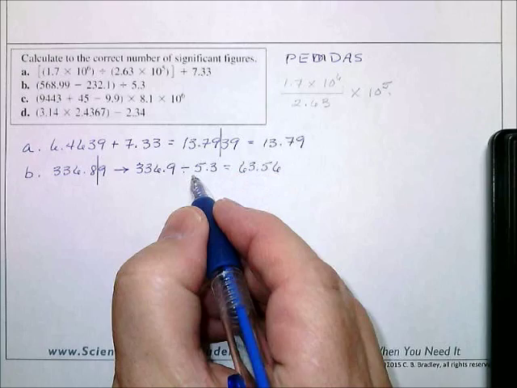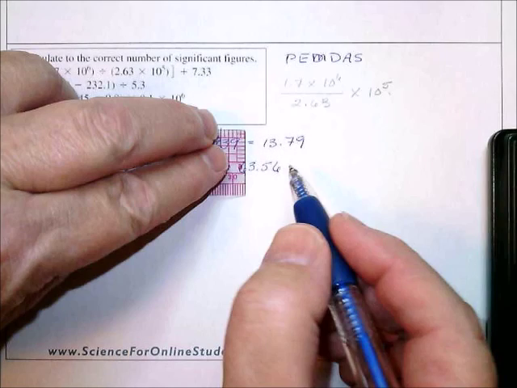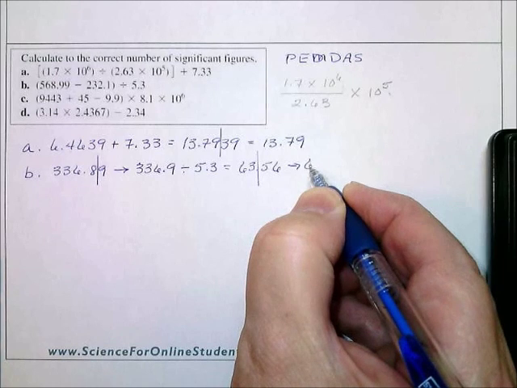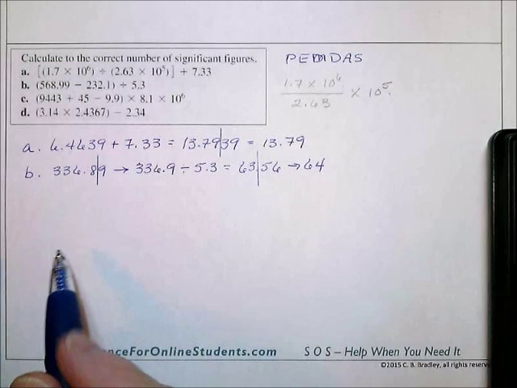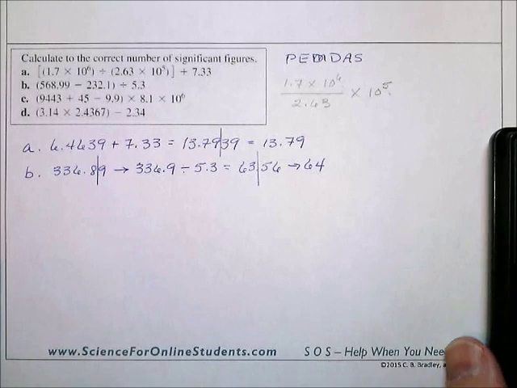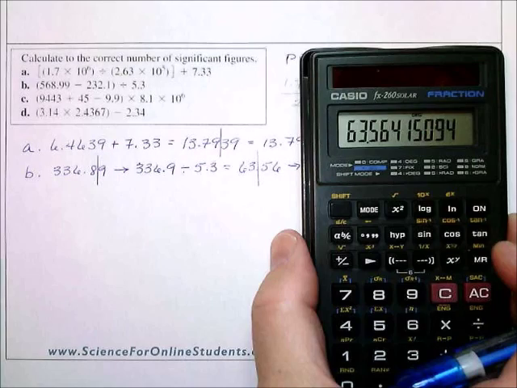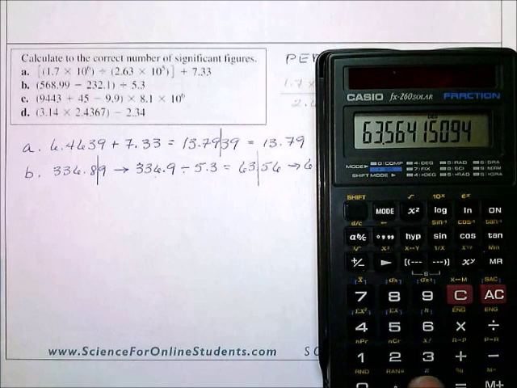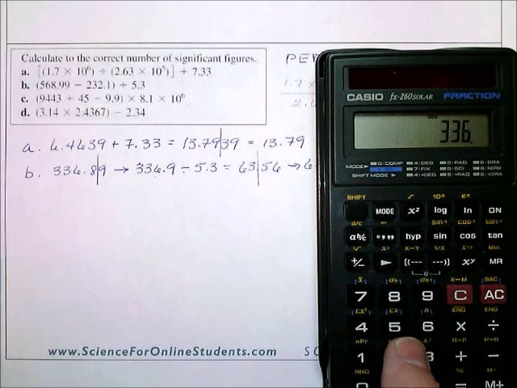Two significant figures here, so we will round here. This will become 64. Now, this is without the rounding. Go back and do it this way, and we'll see that it makes no significant difference in this problem.